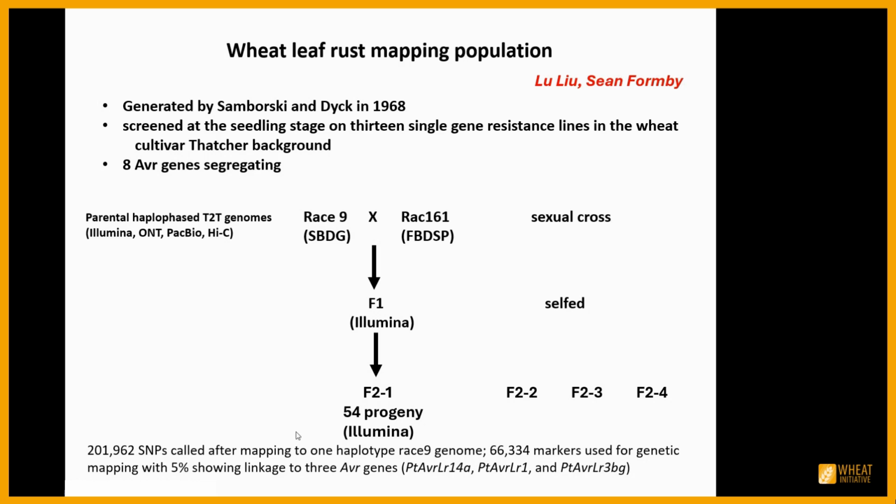We currently have a genetic map with a number of markers that show linkage to 3 candidate avirulence genes. So we have to look whether they're in proximity or on specific effectors in the genome.